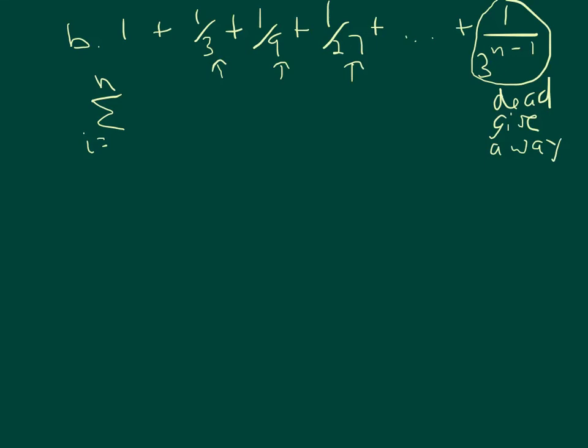It is exactly that, except we're not using n, we're using I. So it's going to be the sum of 1 over 3 to the I minus 1. What's hard about when they give you the nth term is figuring out what number goes here, where we start. Because we know we end at n. Figuring out what number starts right here. That's what's hard about when they give you the nth term.